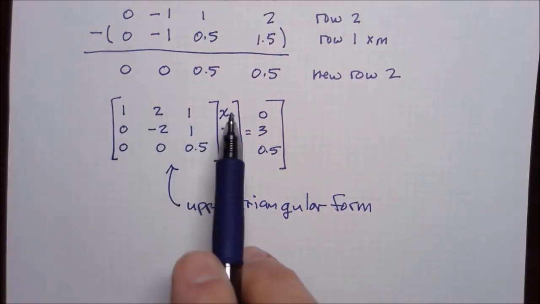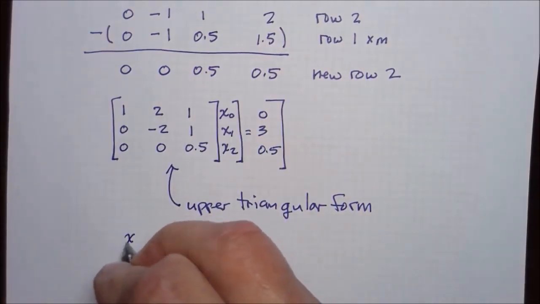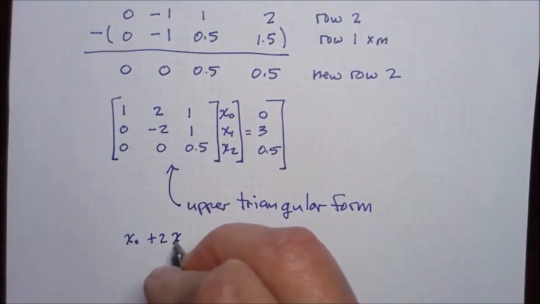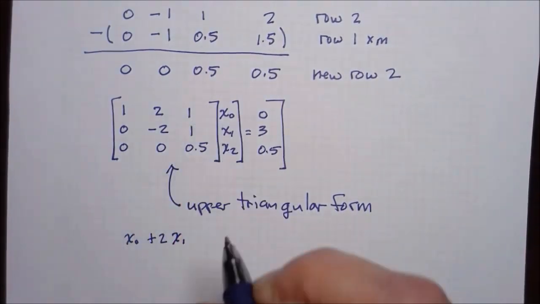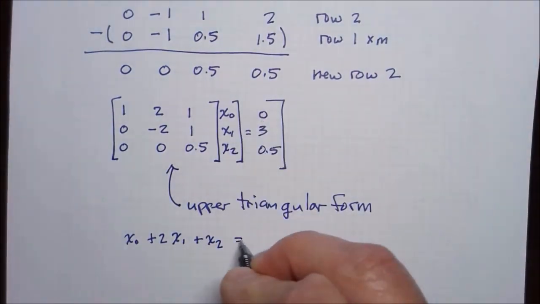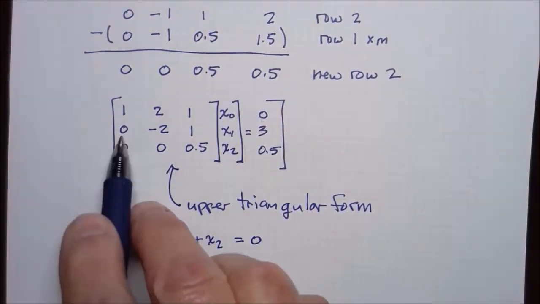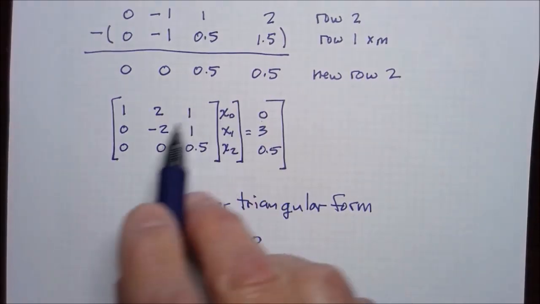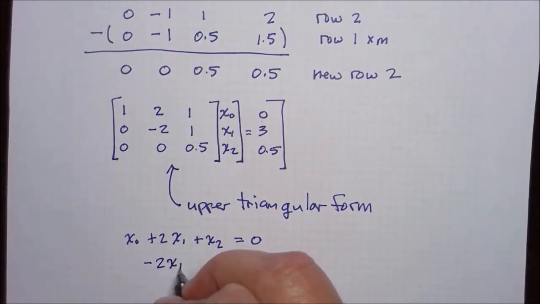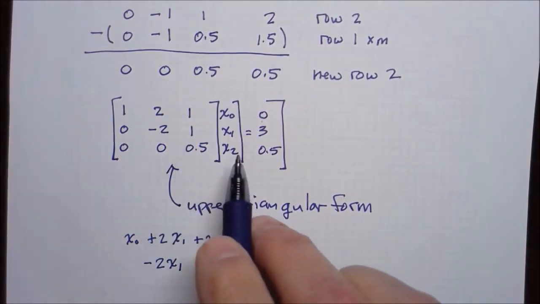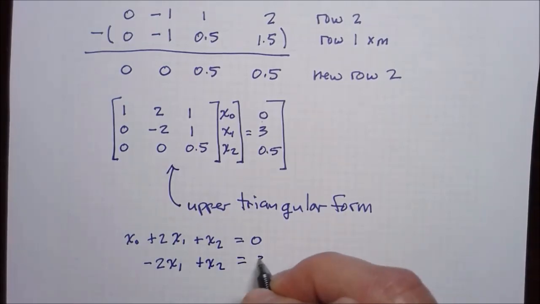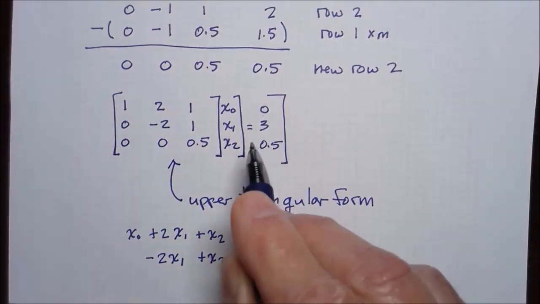We've got 1 times x0 plus 2 times x1 plus 1 times x2 is equal to 0. That's the first equation. We have 0 times x0 minus 2 times x1 plus 1 times x2 is equal to 3 is the second equation.